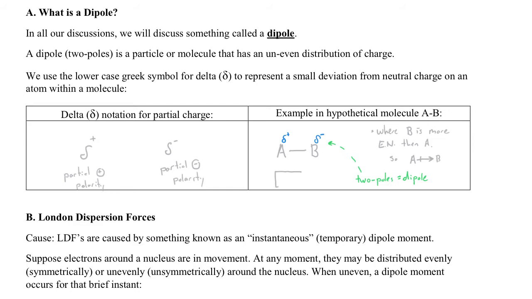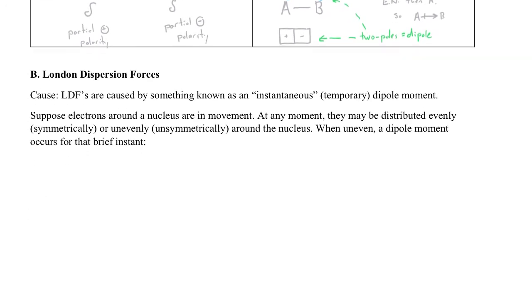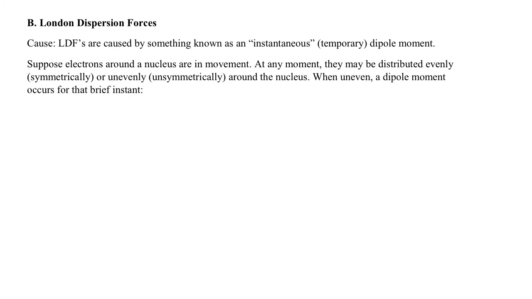A dipole is simply something that has two poles. Magnets also have two poles. They have a positively charged pole and a negatively charged pole. And we can consider dipoles to act like little magnets. And that's what we're going to be thinking about in terms of our intermolecular forces. So at some level, all of the intermolecular forces that we learn about are caused by the existence of a molecular dipole.